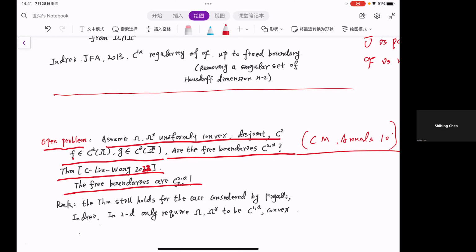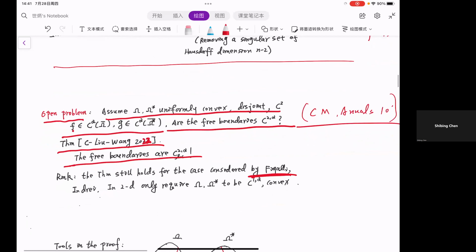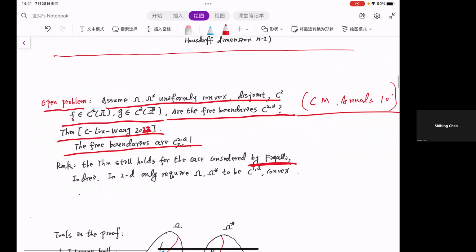So basically, we solve this open problem, and not only Caffarelli and McCann's open problem, but the method also works for the formulation in Figalli's paper. Basically, we can also study the case when the two domains have some overlap. So that's the main story of the optimal partial transport problem and our main result.